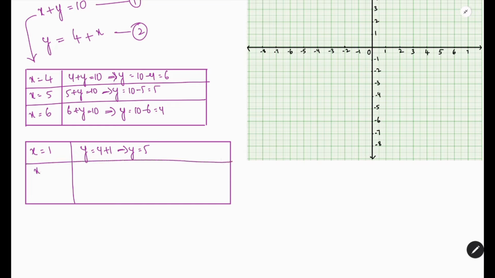If x equal to 0, then y equal to 4 plus 0, so y equal to 4. If x equal to minus 1, y equal to 4 plus of minus 1, so y equal to 4 minus 1 equal to 3.